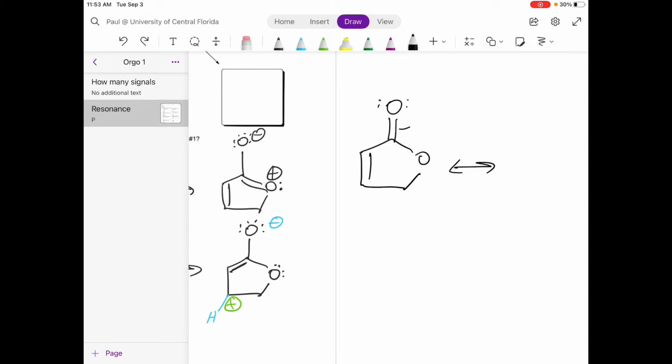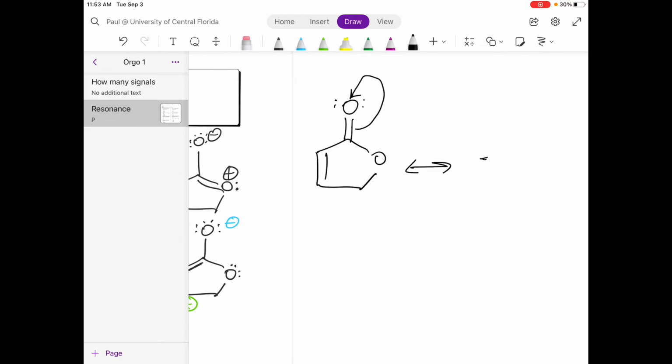We have pi electrons here that can go on top of that oxygen atom. And when that does that, we would have an O with 3 lone pairs now. So that's going to be negatively charged. When we do a before and after check, we see that that carbon right there has 4 bonds. But now we look at that carbon and that only has 3 bonds. So that would have to be a +1.